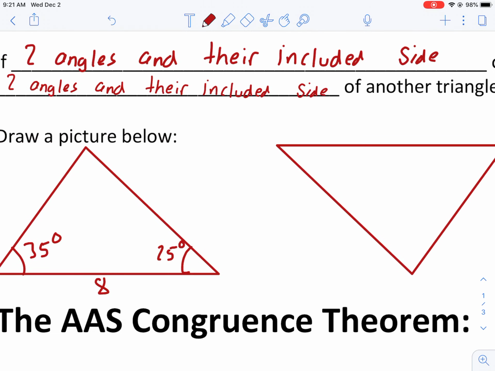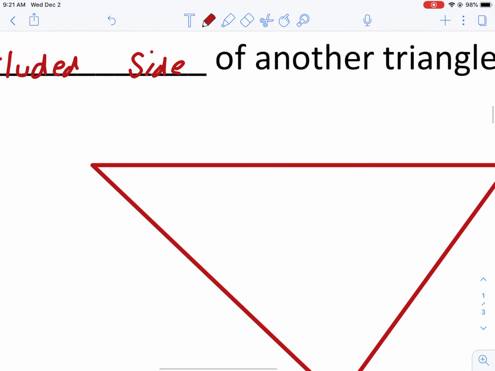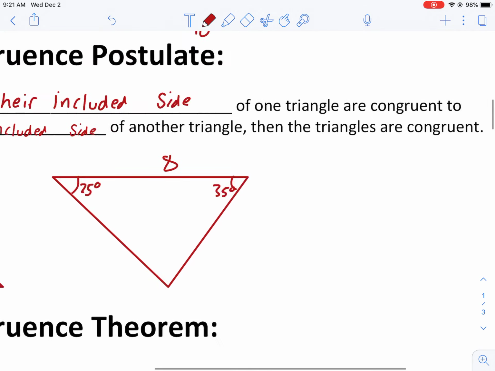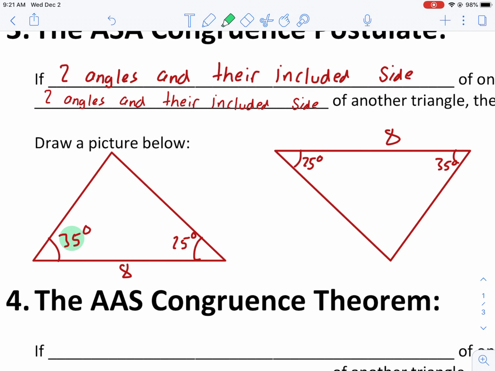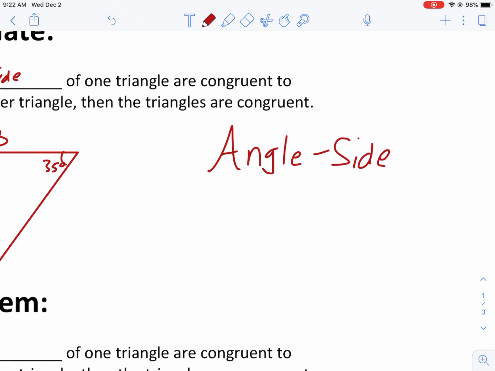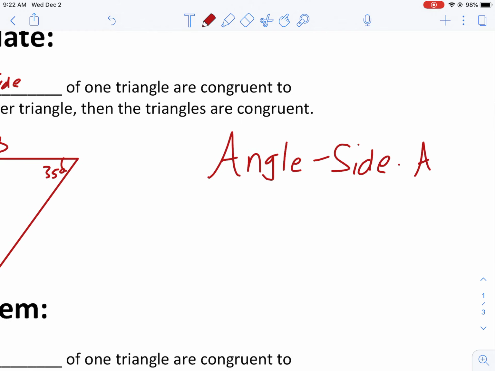It can be congruent to this triangle if we had 25 degrees up here, and 35 degrees, and then 8. So this would be an example of angle, side, angle. So you can kind of say it out loud as you count what you know. Angle, side, angle. Okay? So that's ASA. So that's our third one.